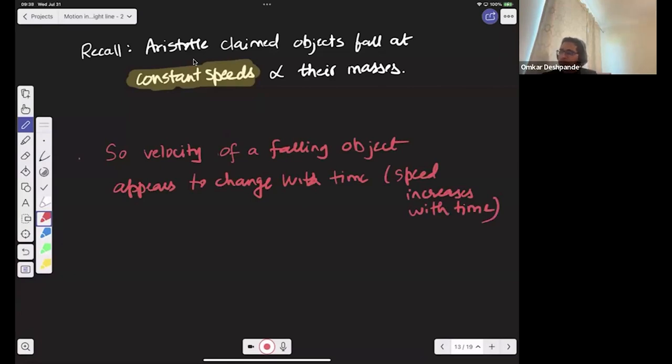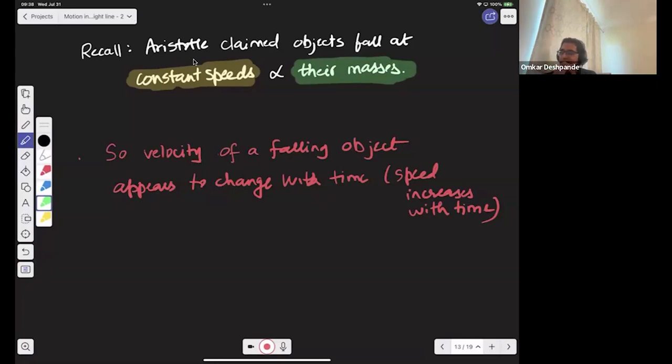All right. I'll also point out one other thing: objects fall at a speed proportional to their masses. Well, even if Galileo didn't actually do that experiment from the top of the Leaning Tower of Pisa, we don't know if he did it.